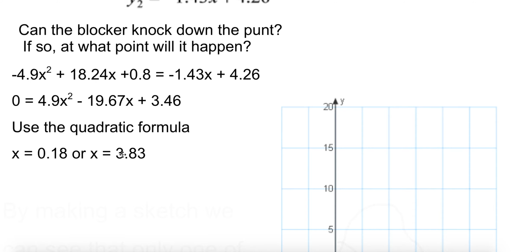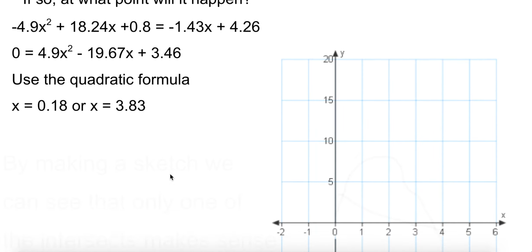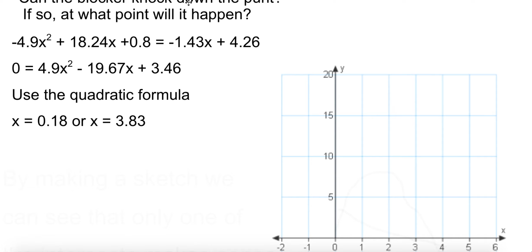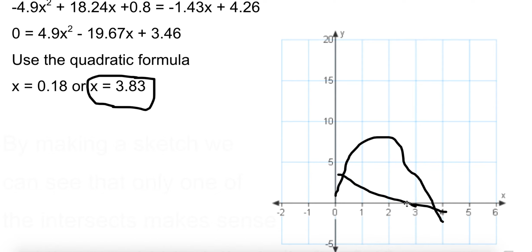So we're going to get this, and then we're going to make a quick sketch, because this answer, although it doesn't really make sense to block something 3.5, almost 4 seconds later, it could be true. But when I make a quick sketch, now I know my lines aren't great here, you notice that one of the points of intersection is underneath 0.